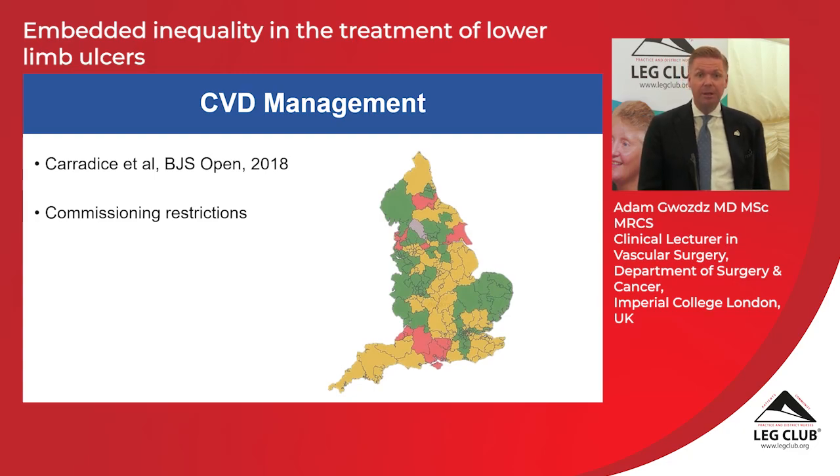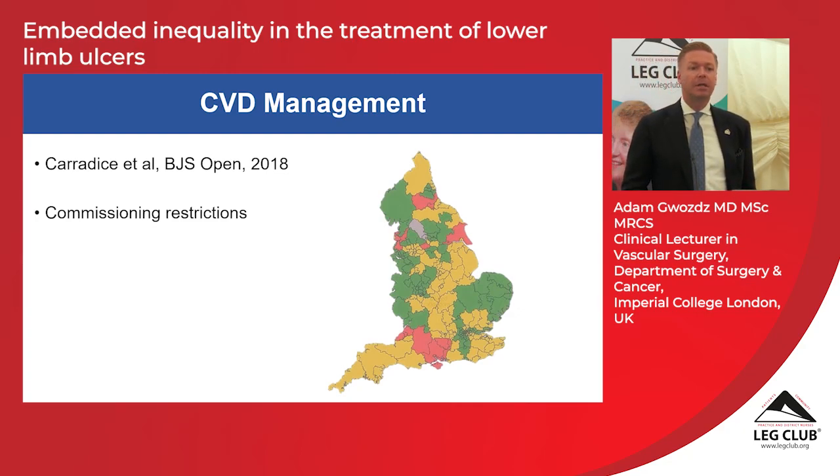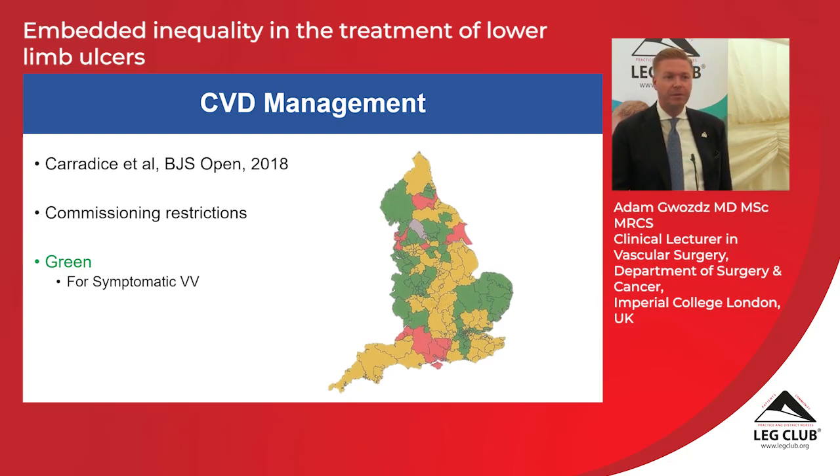So how does this translate geographically, and link back to the title of my talk? Well, Dan Carradise, who's based in Hull, did a beautiful study looking exactly at that: how the NICE recommendations have been applied across England, and how commissioning restrictions as well as inconsistent commissioning have affected care. The green areas are areas commissioned for symptomatic varicose veins, so symptomatic C2 and above.